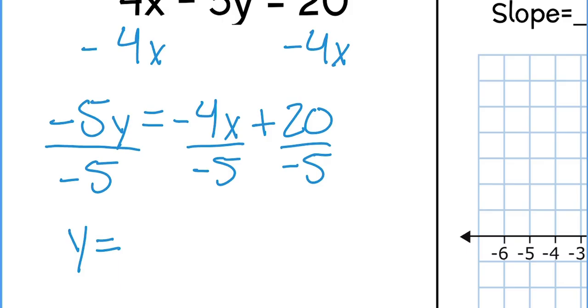Positive. So I'm going to have 4 over 5x plus, not plus, just kidding, minus, because I have positive 20 divided by negative 5. I'm sorry. Maybe you shouldn't use a pen. Maybe you should use an erasable pen. Oh, okay. 20 divided by negative 5 is negative 4.